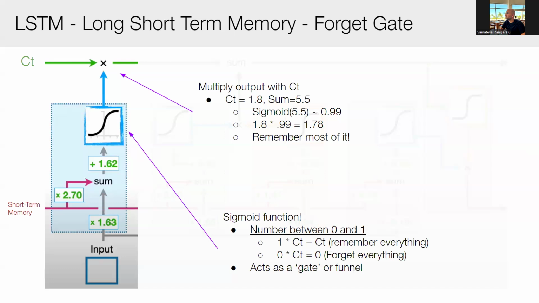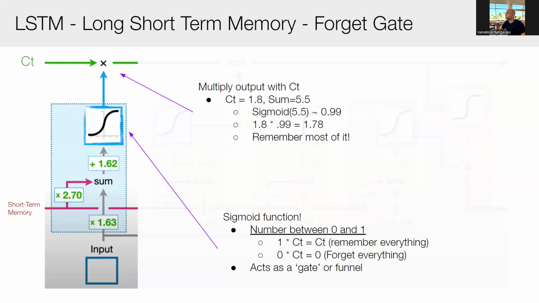We're going to multiply this number by our cell state, by our long-term memory state. This is going to tell us how much to remember of that long-term state. It's called a forget gate, but in reality, it's more like how much to remember in the long-term memory state. But the main idea is, 1 times the CT, we're remembering everything in the long term.